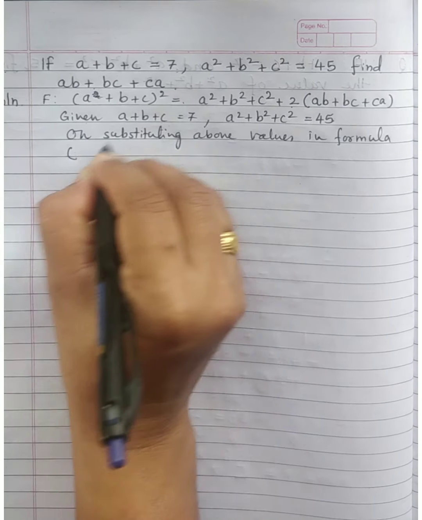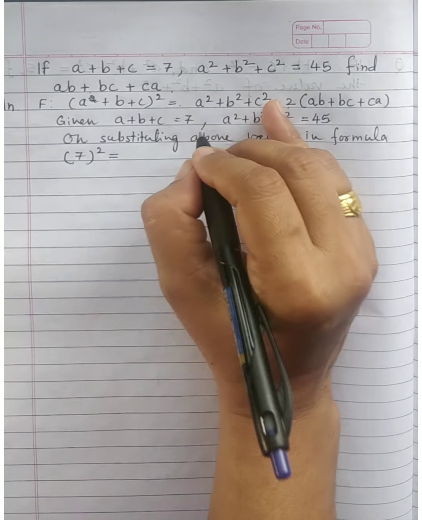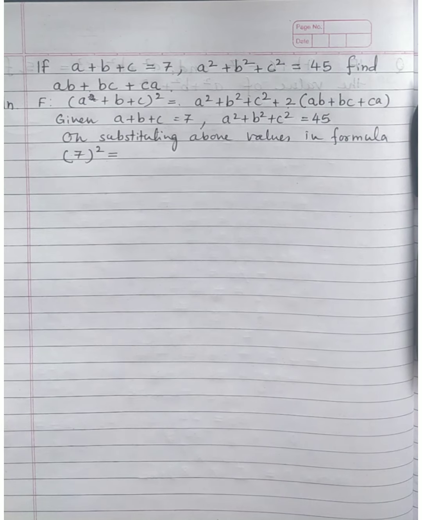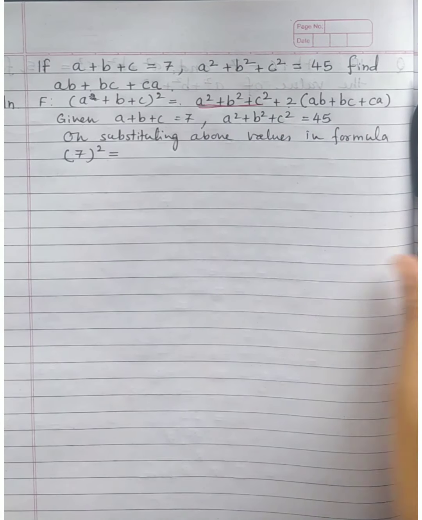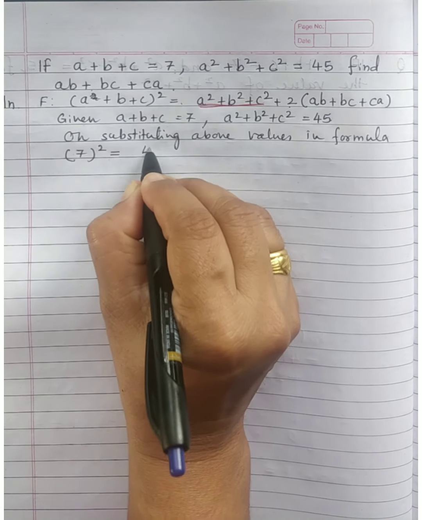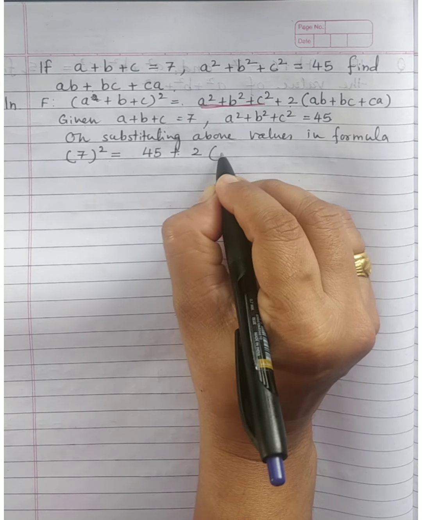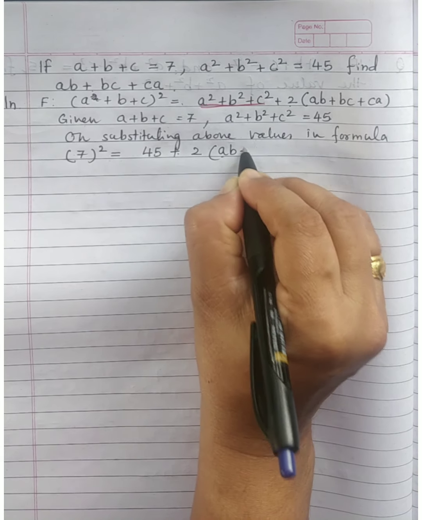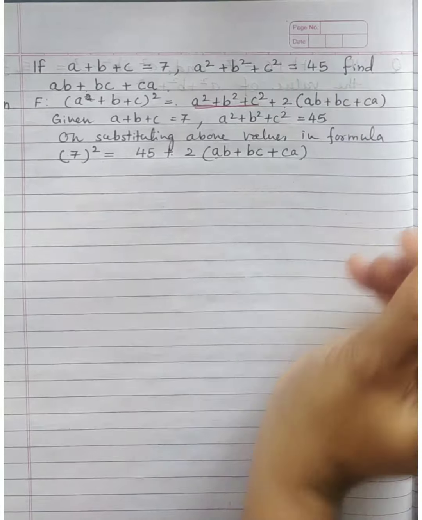A plus B plus C, what is the value there? 7 square is equal to a square plus b square plus c square, again this combined term is given here, so that is 45, plus 2 times the expression we need to calculate, ab plus bc plus ca.